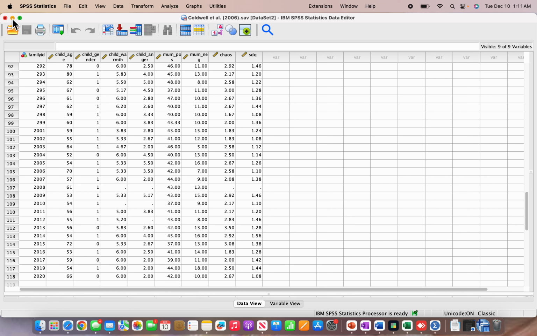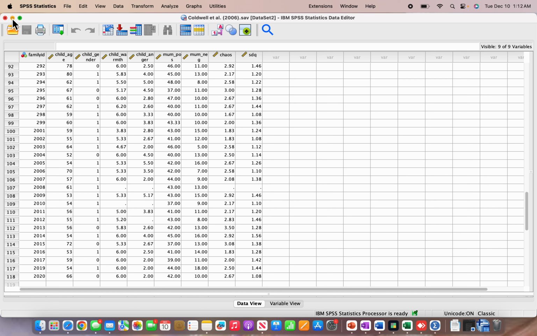The regression equation for the final model is SDQ, which is the problem behavior, equals 0.741 plus (0.002 multiplied by the child's age) plus (0.026 multiplied by child gender) plus (0.001 multiplied by the child warmth) plus (0.011 multiplied by the maternal negative) plus (0.075 multiplied by household chaos).